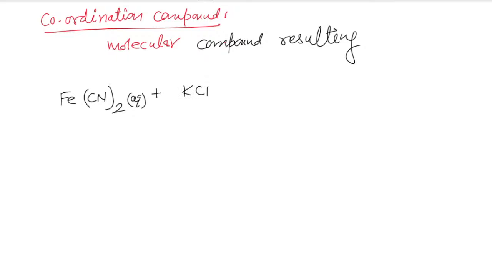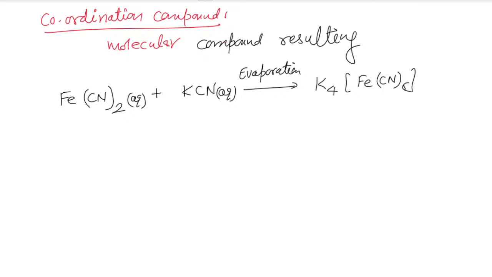Now we mix it with potassium cyanide. It is also a stable compound. When we mix ferrous cyanide and potassium cyanide in a china dish or beaker and evaporate it to dryness, it forms a compound like this, K4Fe(CN)6, which is called potassium ferrocyanide.